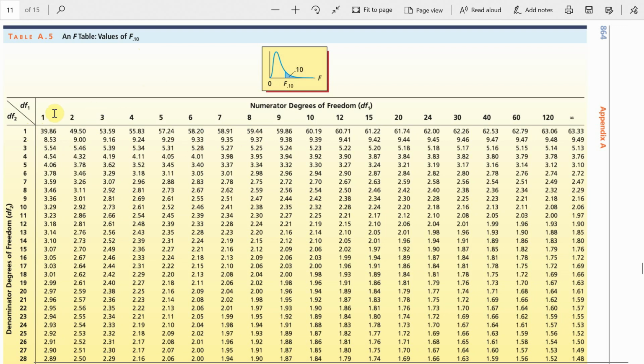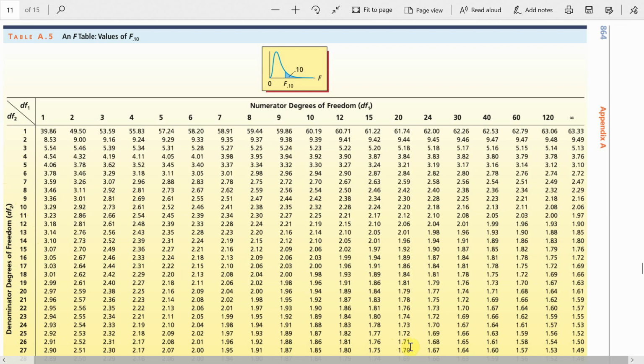So when my df1 equals 1, which is what we're looking at over here, I'm looking at simple linear regression, so I only have one predictor, so my df1 equals 1. So I'm really focused on this first column right here. And then the df2 will depend here on my sample size, right? Sample size, of course, minus k minus 1, right? Okay, let's go back to the slide.